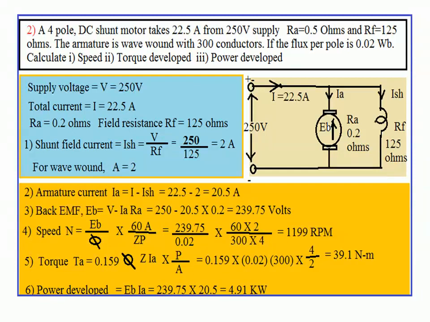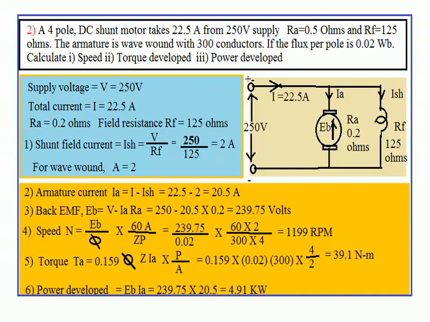Hence you first calculate the shunt field current, V by RF. V is given, 250 volts. RF is given, 125. Field current is 2 ampere. After knowing ISH, come for the armature current. Ia equals I minus ISH, 22.5 minus 2, 20.5 ampere. After knowing the armature current, go for the calculation of back EMF.